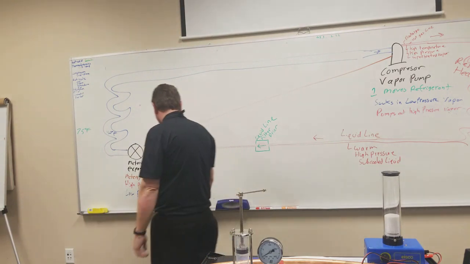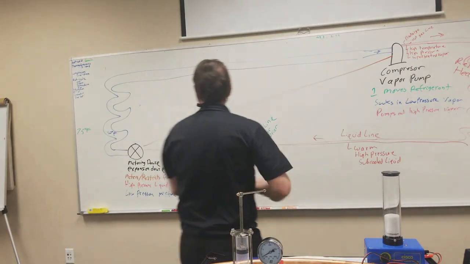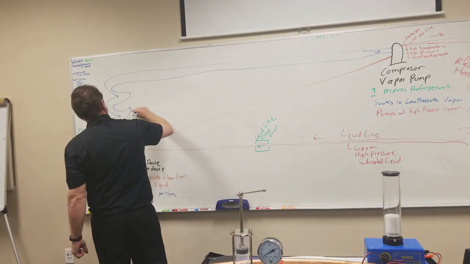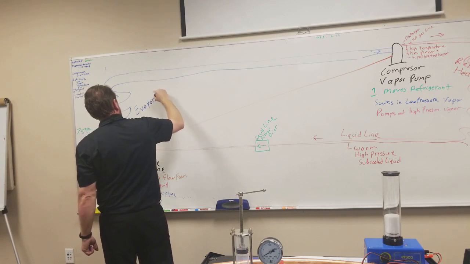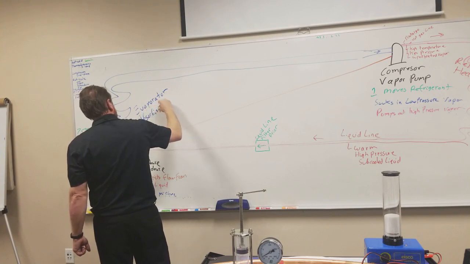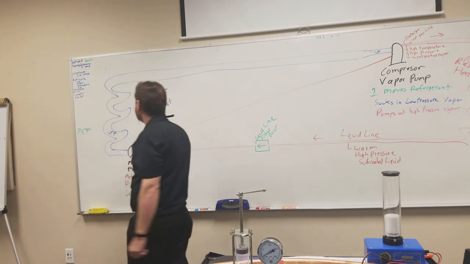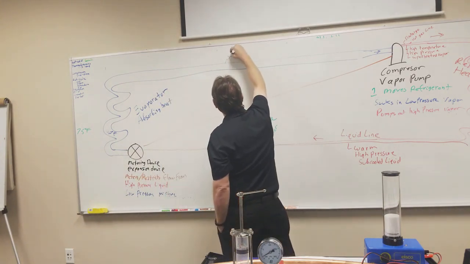The heat's in the refrigerant. So this component right here is one of our 4 components. This is called the evaporator. And it's absorbing heat. This line has 2 names. It's called the suction line.